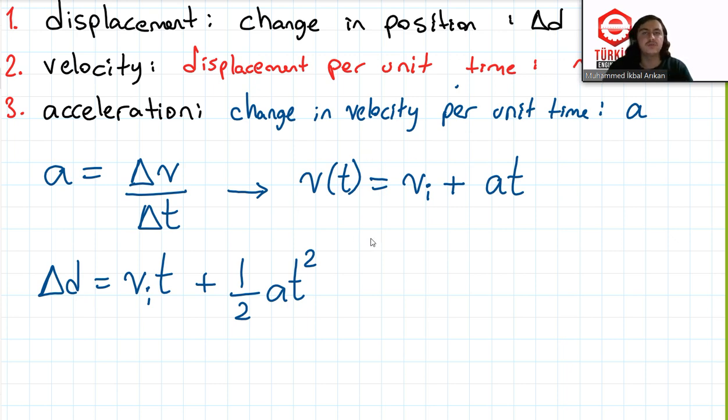These are all vectors, which have both magnitude and direction. Acceleration has direction, so it has a sign, minus or plus. Velocity also has minus or plus because they have directions, as well as magnitudes.